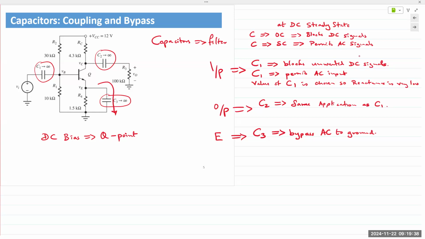And that's where the names of these capacitors come from: the application. C1 and C2 are known as coupling capacitors because they couple the AC input directly into the BJT.